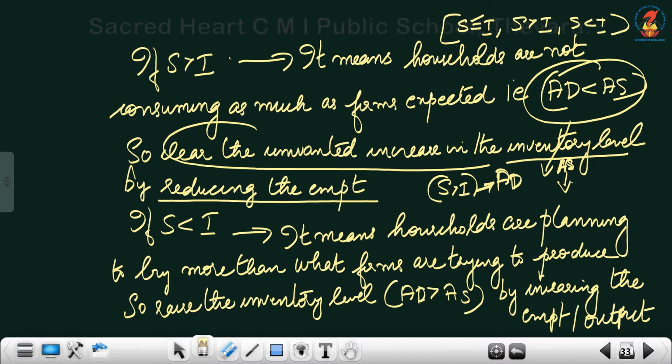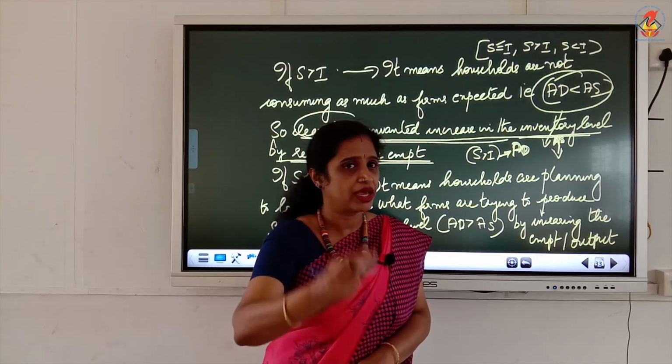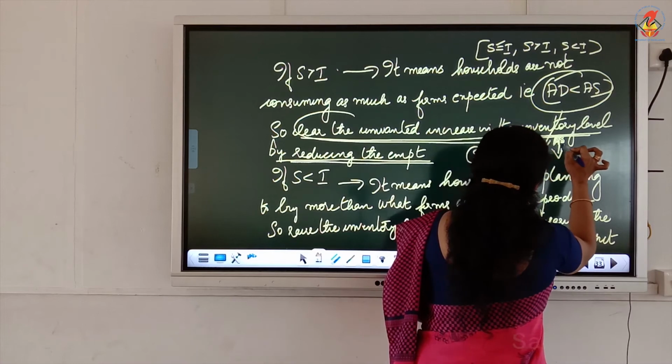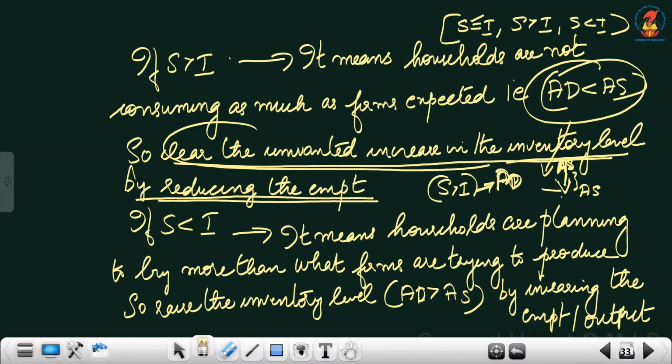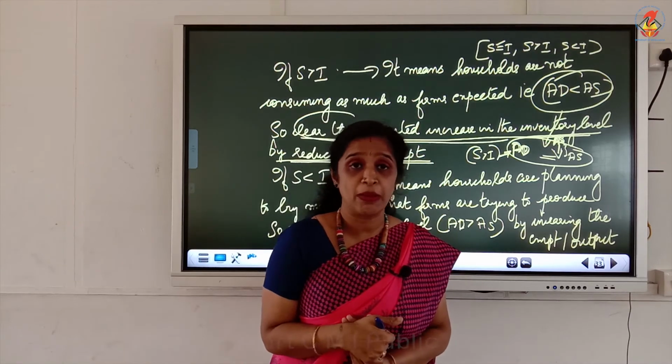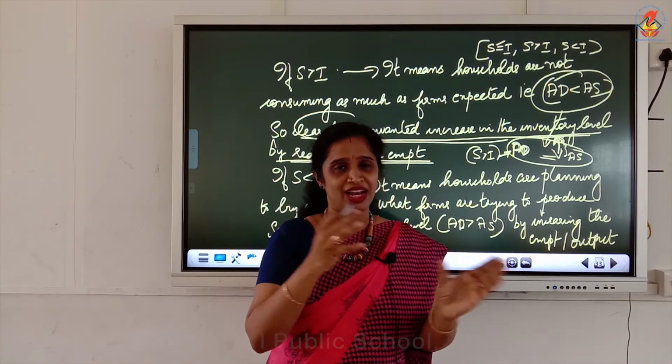To do that, clear the unwanted increase in the inventory level by reducing the employment of resources. By doing that, aggregate supply comes down in such a way that it gets equalized with aggregate demand. So, the same explanation for AD less than AS can be applied here, because both relate to the same concept.